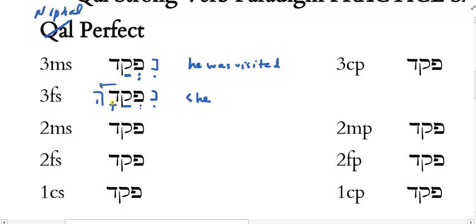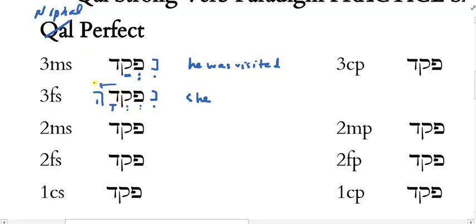It's going to slide over and take the vowel and lead it, which makes the qof open and now pretonic. What will Hebrew do with open pretonic syllables? Reduce them to vocal shewa. Exactly. So niphqad becomes niphqada becomes niphqeda.